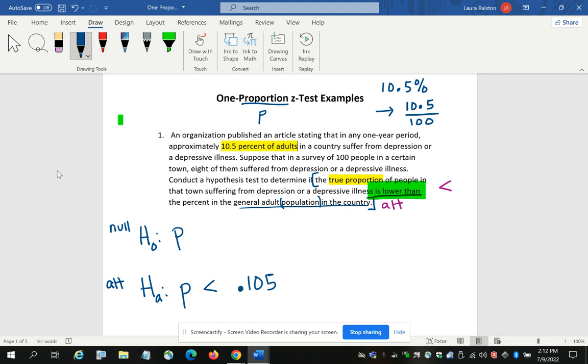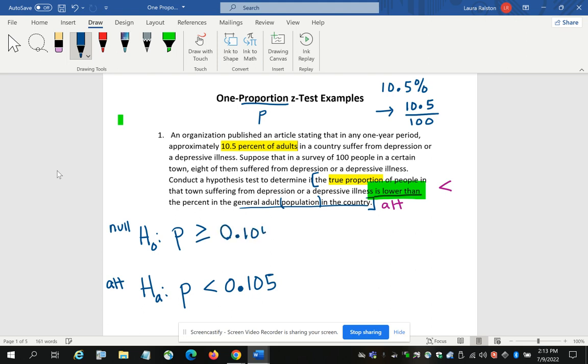So it becomes 0.105. So my statement in the scenario is the alternative. So p, the population proportion, is less than 0.105. By default, then, the null, which is the exact opposite, is going to be greater than or equal to that same percentage.